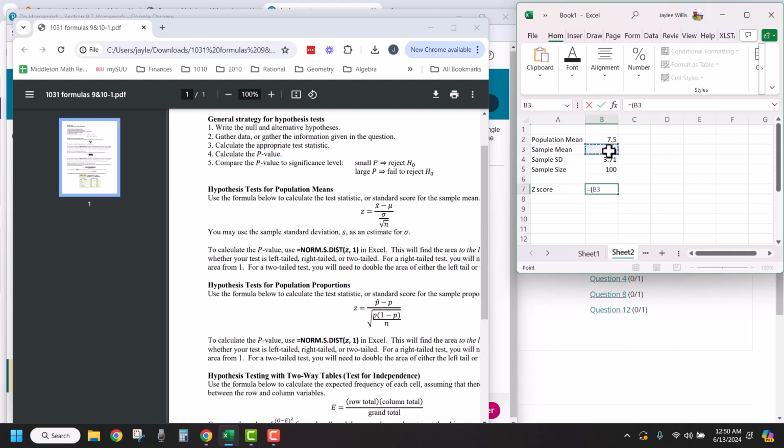I want to do my sample mean minus my population mean. That gives me the top part of my formula. And I'm going to divide this by the sample standard deviation divided by the square root of the sample size. And that gives me a z-score of negative 2.668.